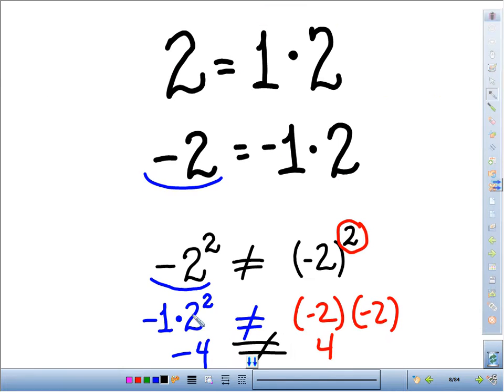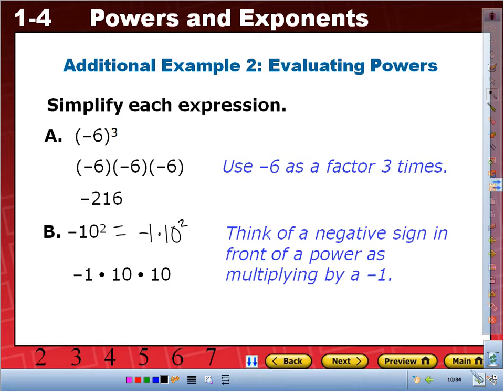Let me go back to what I just explained. Look at this one. We know that negative 2 is the same as negative 1 times 2. Is that correct? And we wrote negative 2, this one, as negative 1 times 2. So with this one right here, negative 10 could be written as negative 1 times 10, and that's to the second power. So here it is, negative 1, 10 times 10.